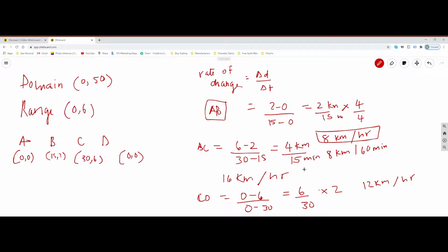In order to get hours, you multiply the top and the bottom by 4, and you get 16 kilometers per hour. Then you do CD. So you do 0 minus 6 and 0 minus 30, and you get 6 over 30, so 6 kilometers per 30 minutes. Since this is 30 minutes, you just multiply the top and bottom by 2, and you get 12 kilometers per hour.